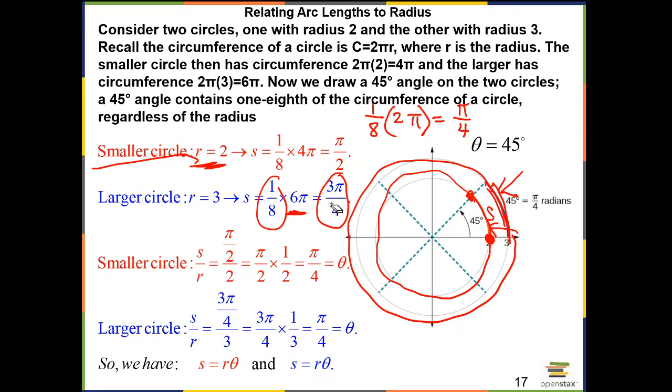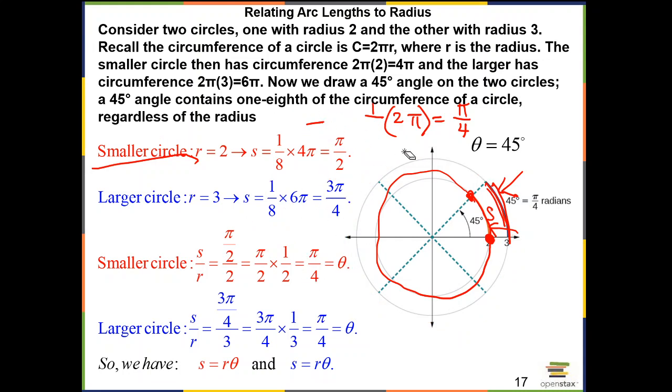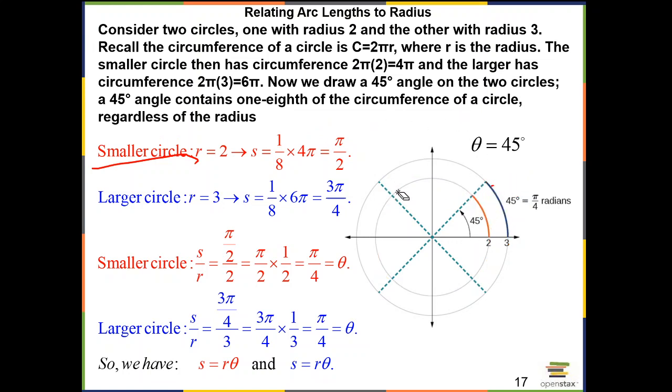But also, we realize here that this is the same as multiplying the radius 2 by the angle pi over 4. That's what we get if we do that. So that's another way to prove the formula for arc length: S equals R times theta, which is right here.